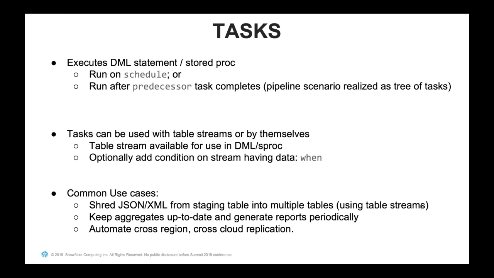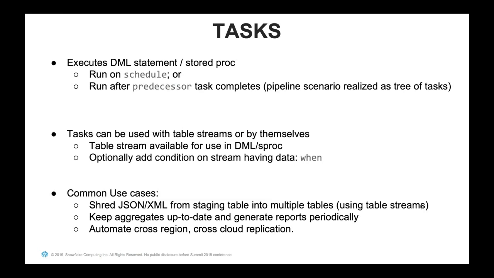And tasks in conjunction with streams allow you to deliver a continuous data pipeline and move data along to different tables. And again, in tasks, typically we've seen customers put DML statements or stored procedures which have that logic embedded into them. And you can put conditions on when a task will be executed.